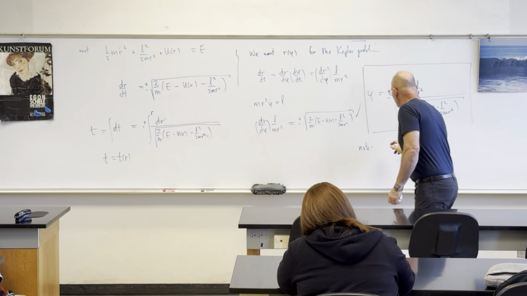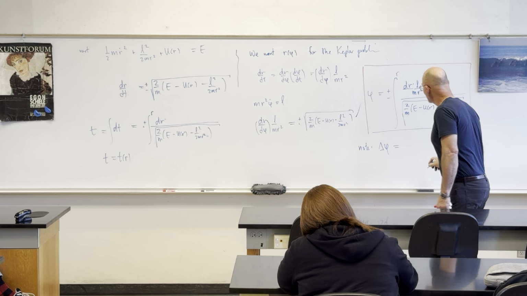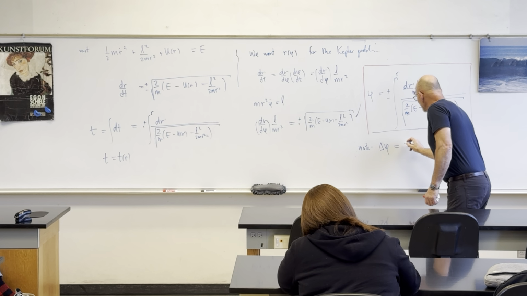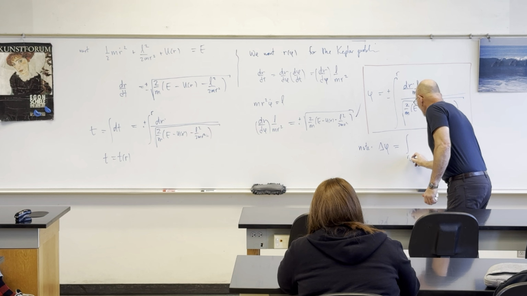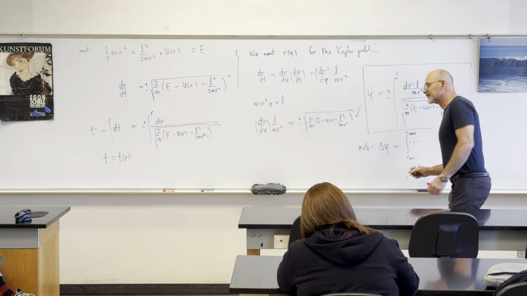Note, we'll call it this way, delta phi is equal to the integral from r min to r max. I'll just say all that stuff.